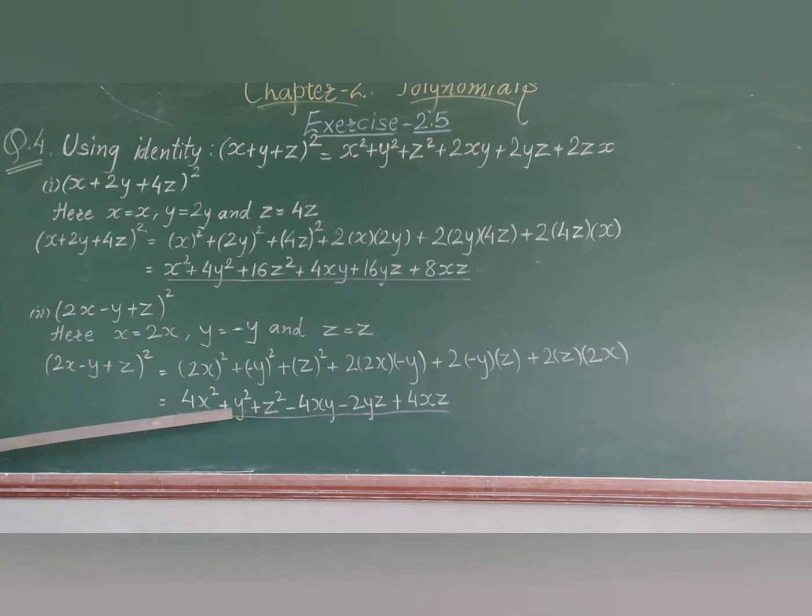Again when we multiply 2 into minus y into z we will get minus 2yz, and then last term, that is 2 into z into x, that is 2xz. So our expansion is 4x square plus y square plus z square minus 4xy minus 2yz plus 4xz.